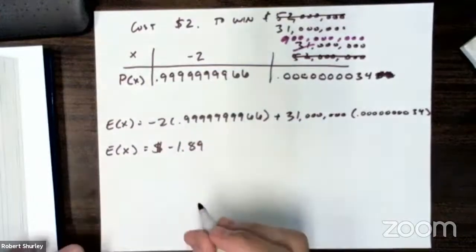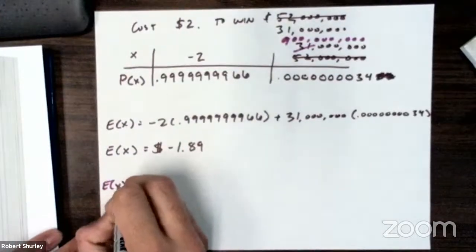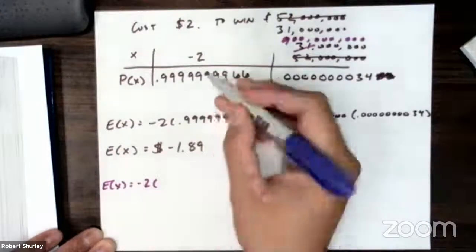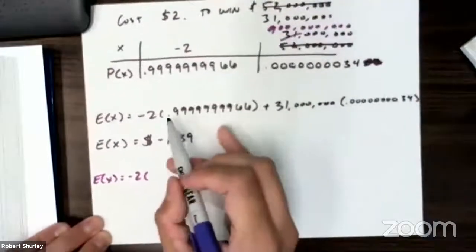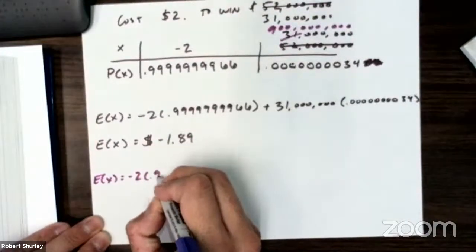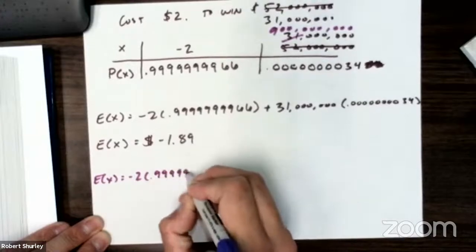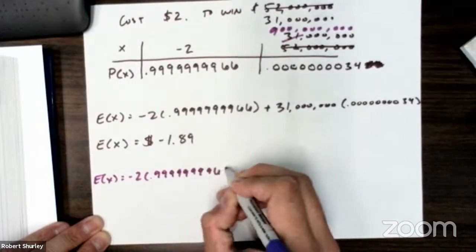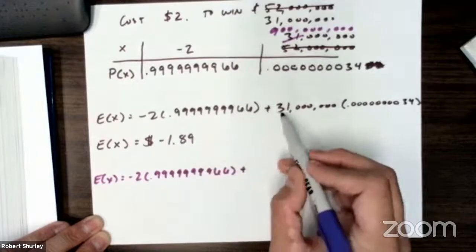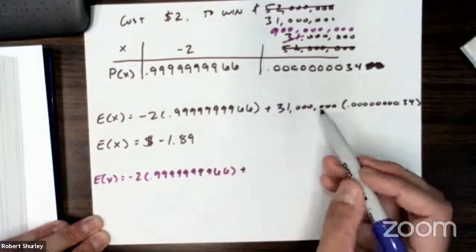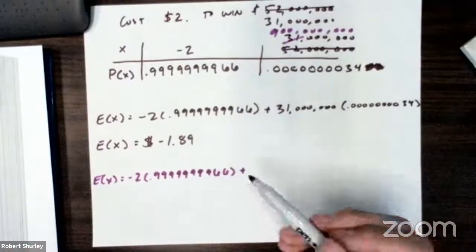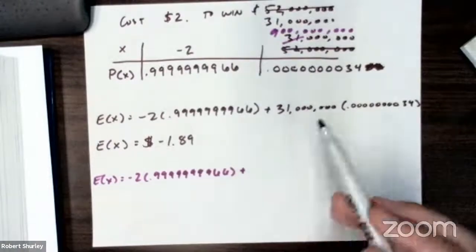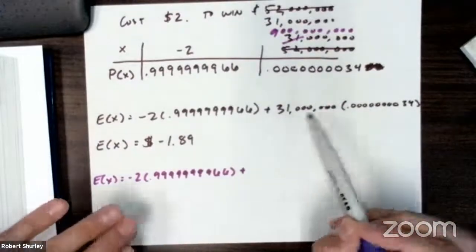So if we go back, we're going to do the same thing, expected value. It still costs you $2. And the probability of you winning is the exact same, right? But this 31 million can change. It can go up. So the way the Powerball works, if no one wins each draw, this pot keeps getting bigger and bigger and bigger.